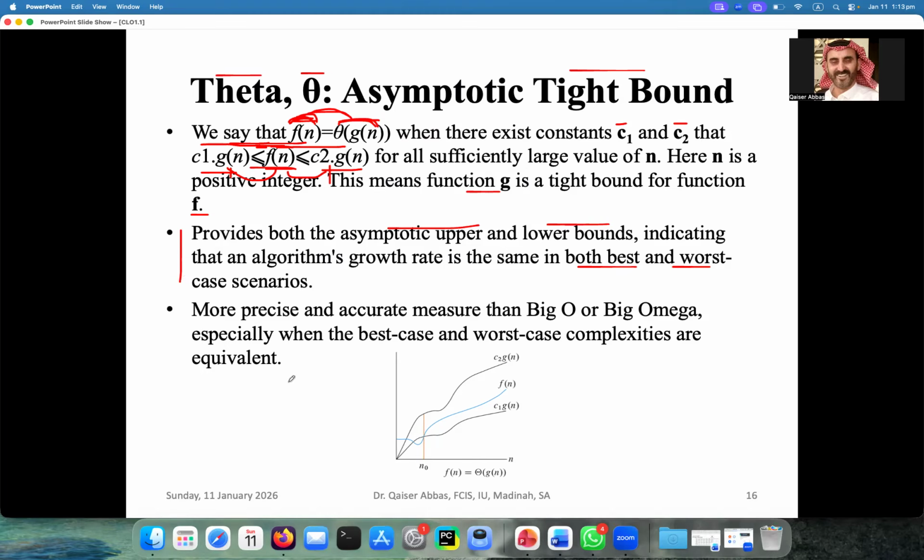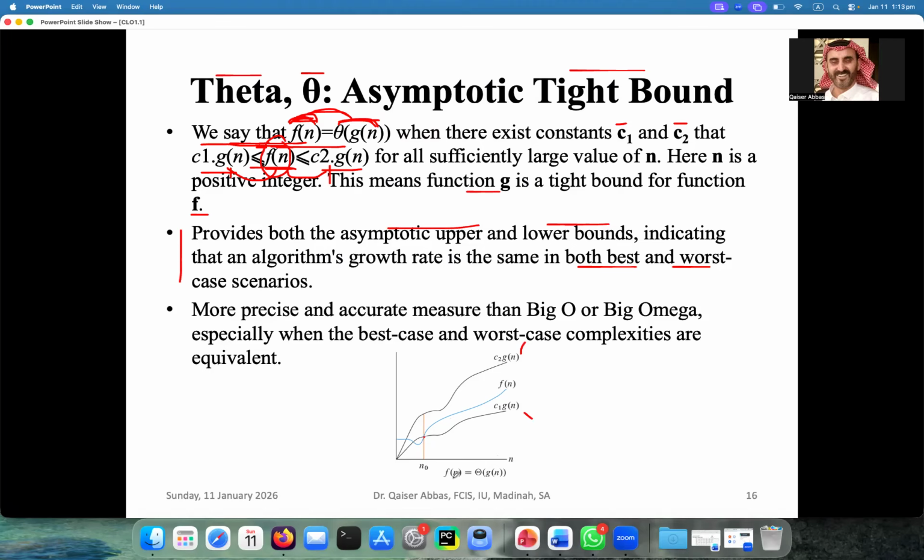Now, if you draw a graph for that, this is your n0. Before n0, everything is possible. But after n0, this is your f of n. Your equation is around this f of n. So f of n, and then c2 g of n is always higher, c1 g of n is lower, according to your previous understanding.